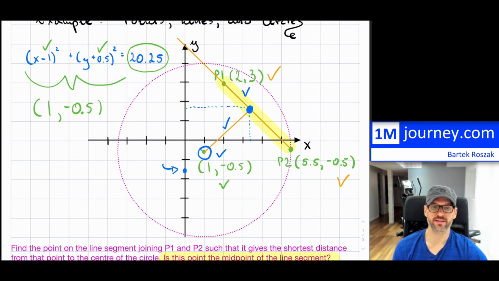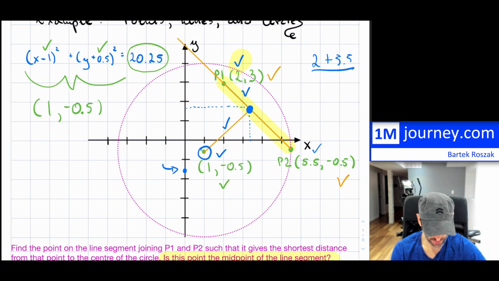Notice if we take the two x values and add them up together, so this x value 2, right here, 2 plus 5.5, divided by 2, it's going to give me the midpoint on the x, and that's going to be 7.5 divided by 2, 3.75.